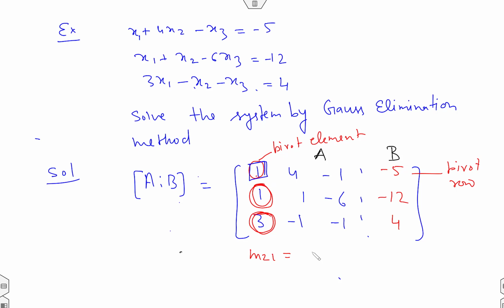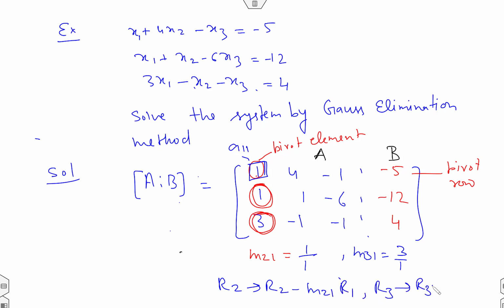So M21 is A21 upon A11, that is 1 upon 1, and M31 is A31 upon A11, that is 3 upon 1. So we are making 0 with the help of A11. Now apply the row operations, R2 to R2 minus M21 R1, and then R3 to R3 minus M31 R1.